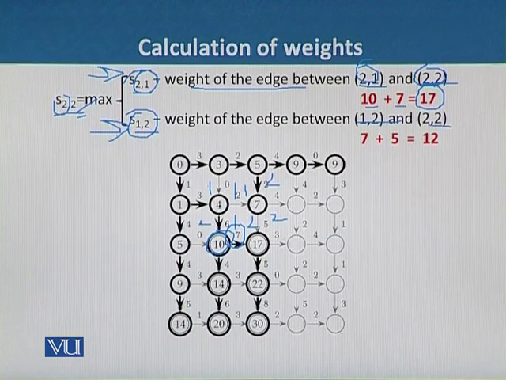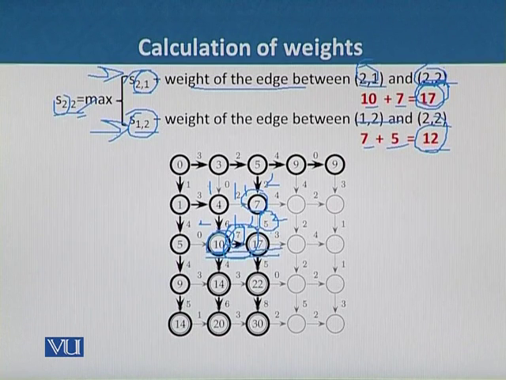In this case also the 1, 2 value is 7, and if we add the value of 2, 2, that is 5, 7 plus 5 will come out to be 12. So in this case we will consider the value of 17, 2, 1 and 2, 2. So if we consider 2, 1 and 2, 2, this will be the path of the tourist, and that's why it is written in the bold arrow. So the path of the tourist will be from 2, 1 to 2, 2.